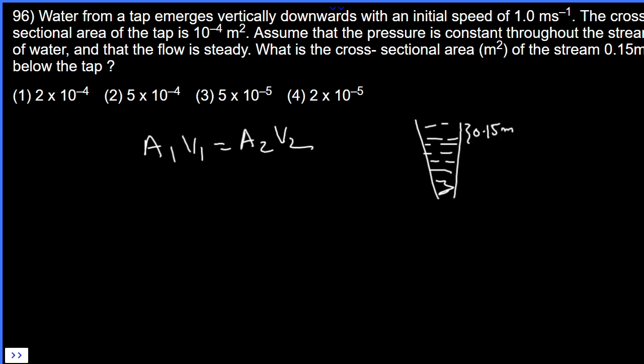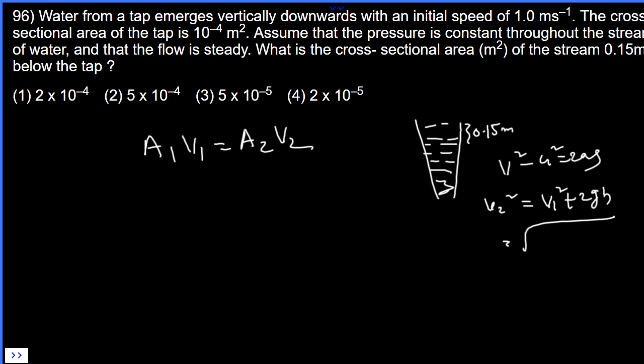For this, we use the equation v square minus u square is equal to 2as. From this, v2 square is equal to v1 square plus 2gh. After substituting, what is the value of v1? It is given as 10, so 10 square plus 2 into g into 0.15.